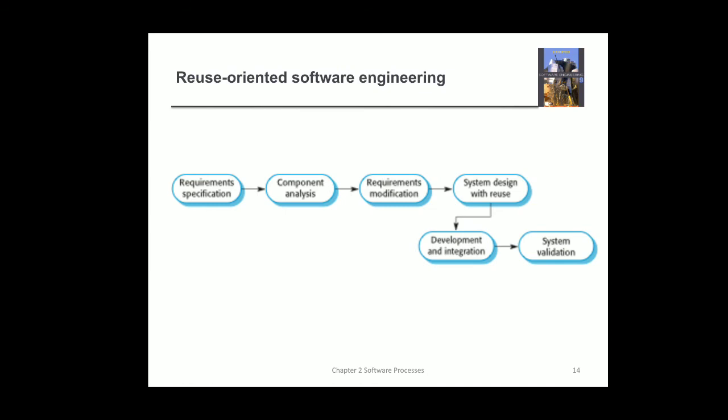But requirement specification is common to all models, and validation is also common to all the models. In that, component analysis is a specific stage of reuse oriented engineering. Then we have requirement modification, system design with reuse, and development and integration. So these are the specific stages of reuse oriented software engineering.